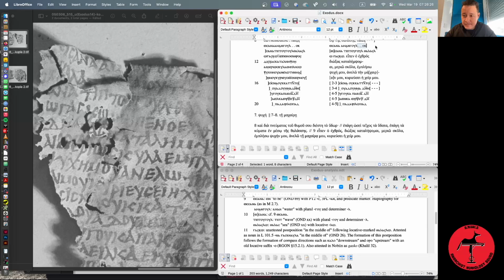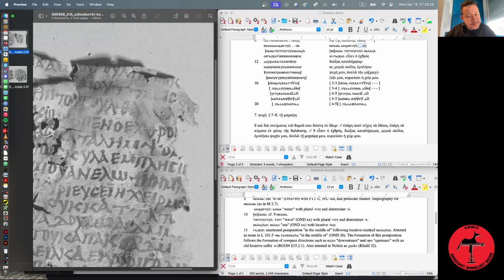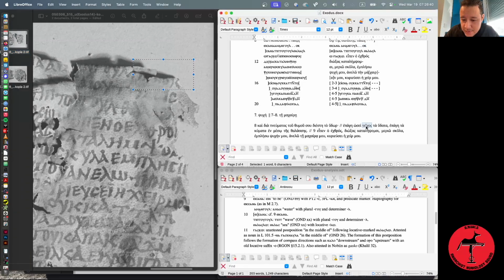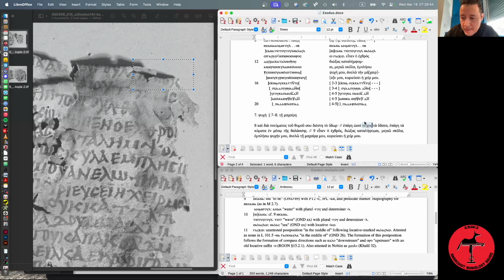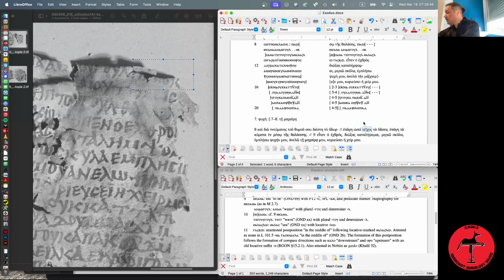Then this thing. This here. This must be tegels, which means wall. But then what is a wall?